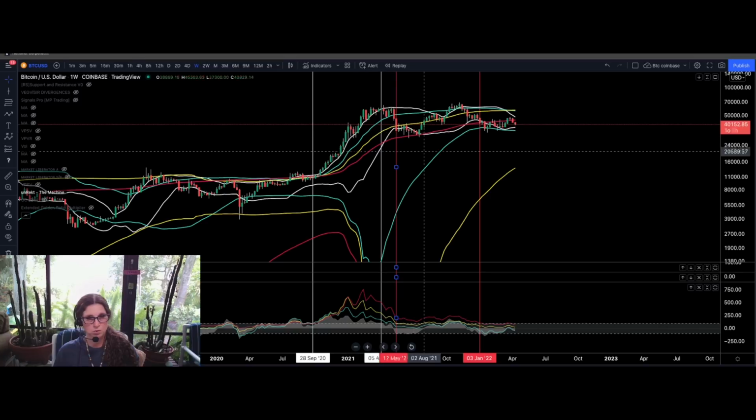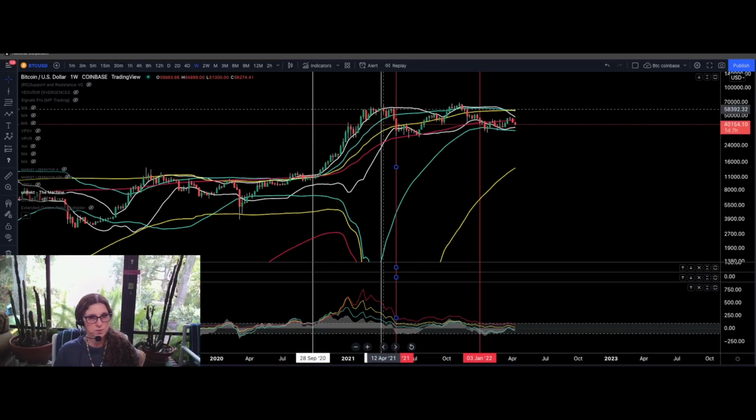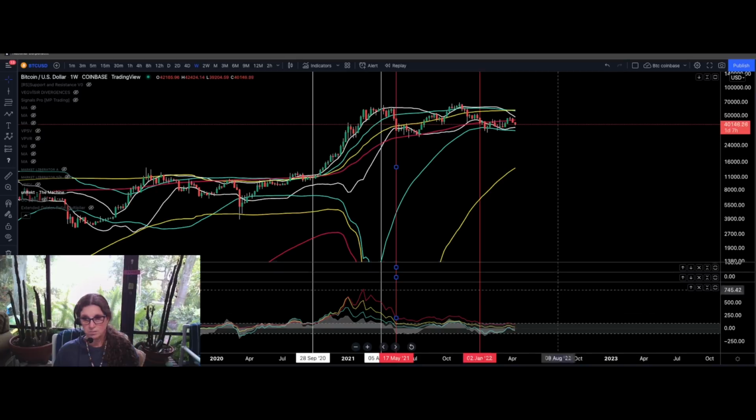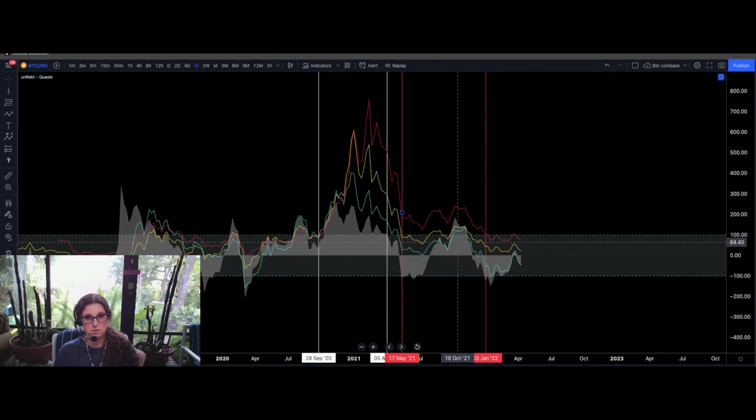This totally would have told you where the tippy top was, where price was going to hold, when it was going to break down, and where it was going to hold again. It is amazing.